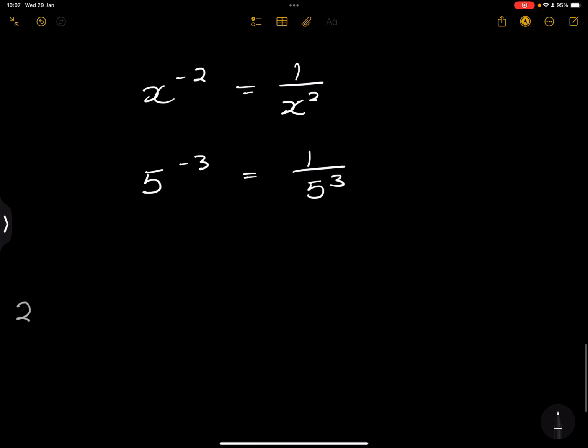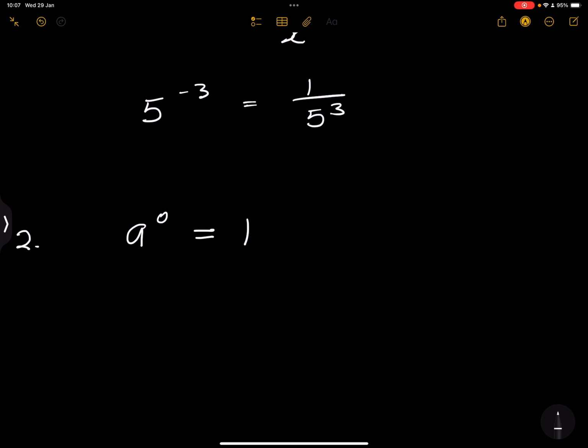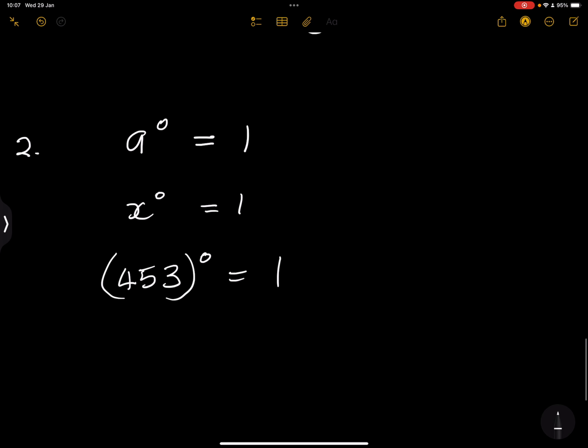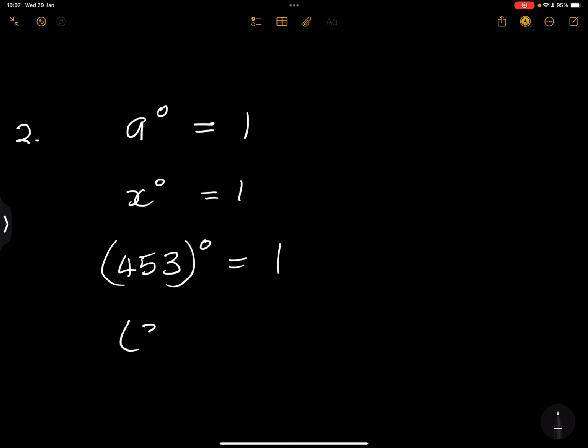And number 2, we know that any number, or any base, that is raised to the power of 0 should be equal to 1. Please don't forget that, ladies and gents. So it doesn't matter what the base is. x to the power of 0 should be equal to 1. If I take any number, let's say 453, and I raise that to the power of 0, that will simply give us 1. Please note, ladies and gents, that it doesn't matter how I represent this.